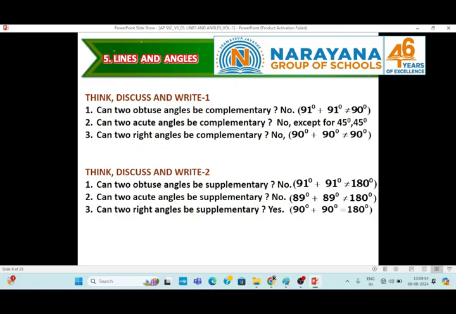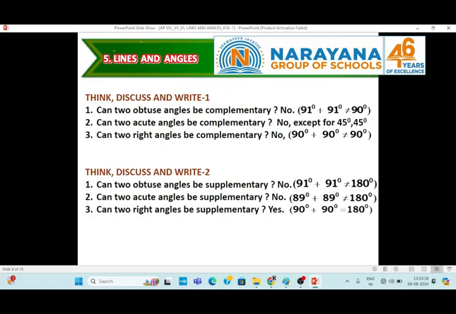But whenever you are going to decide the truth of a statement, whether it is yes or no, it is 100% no. Why? Because 70 degrees and 80 degrees are acute angles, but their sum is not 90, it is more than 90. 70 plus 80 is 150.